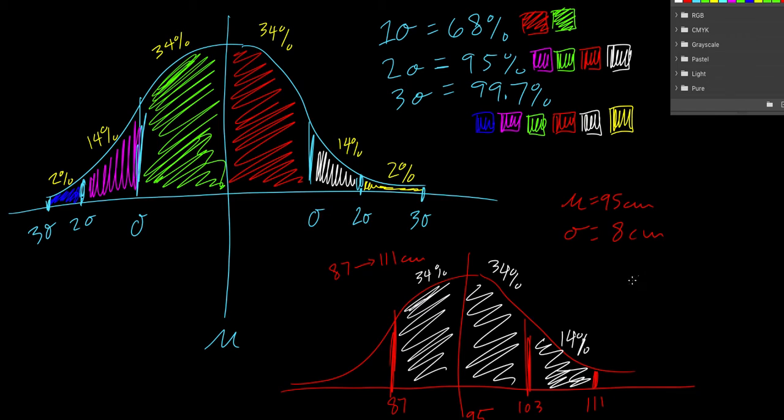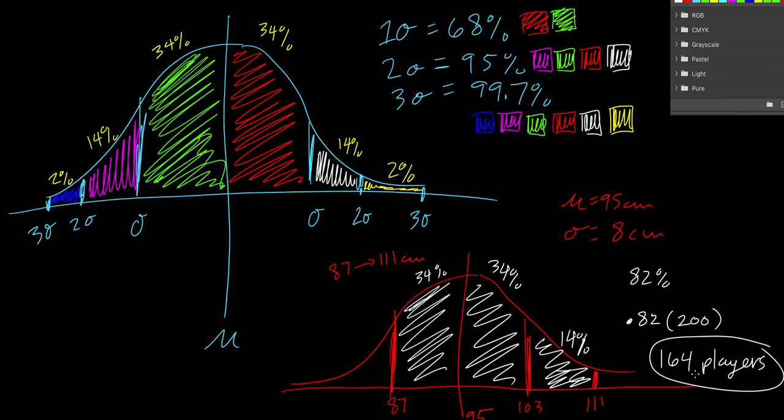So we get 82%. Now it said that we had 200 rugby players, so we just need to do 0.82 times 200. So that's just going to be 82 plus 82, so 164 is what we end up with. Okay. Once again, there are 164 players that have a chest measurement between 87 and 111 centimeters.